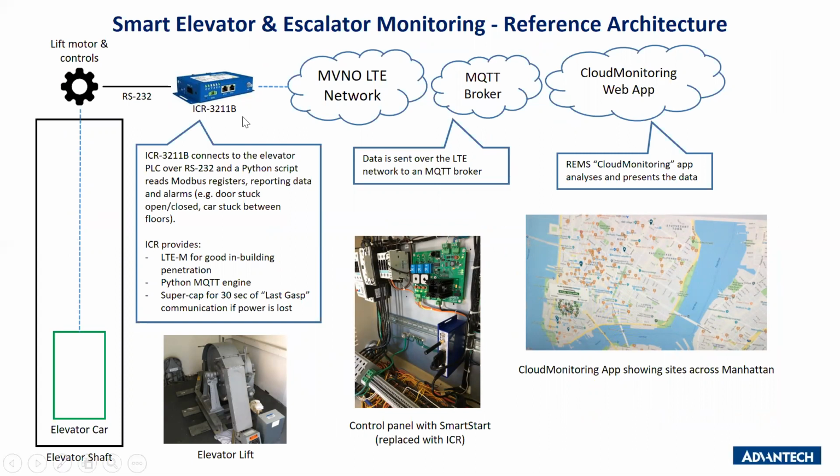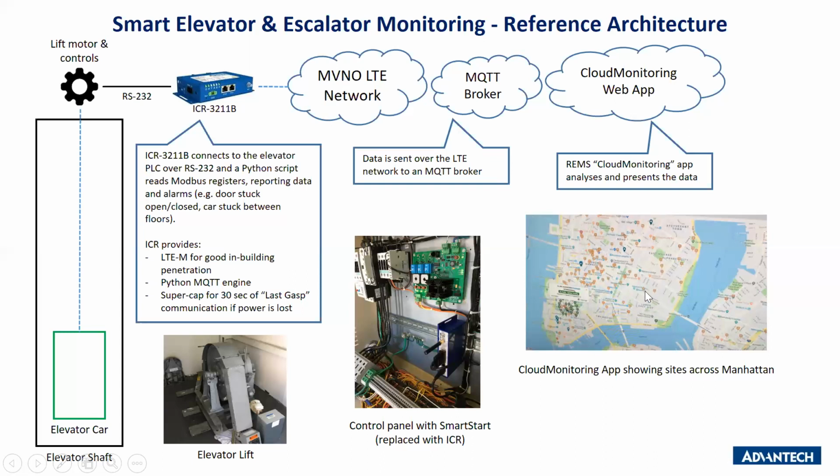And then that ICR is polling Modbus registers for these alarm codes that are being thrown off by the PLC here. And this is sent over the LTE network to an MQTT broker. The web app for Cloud Monitoring goes to that MQTT broker, gets the alarms, and then presents graphically on their web application what's going on.